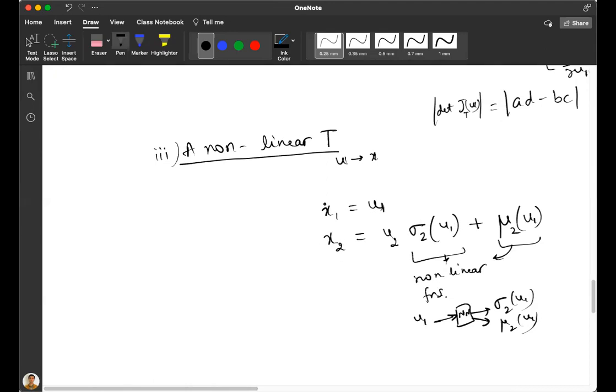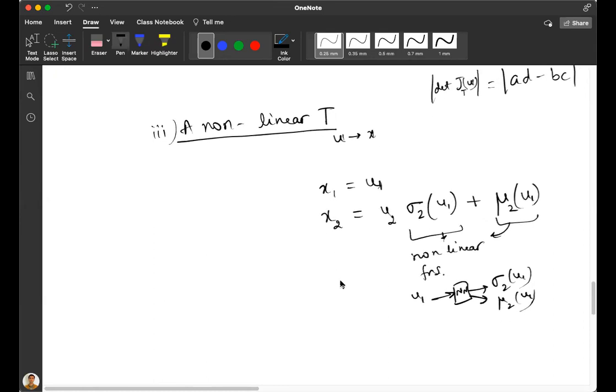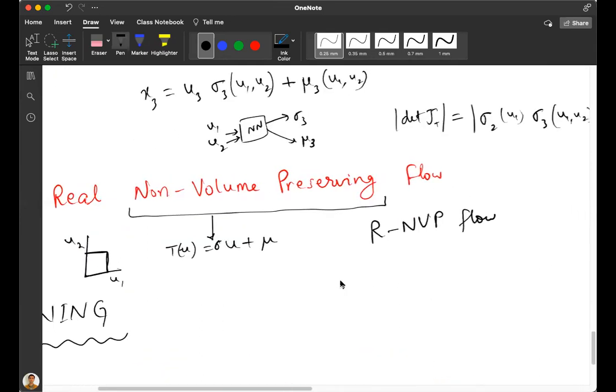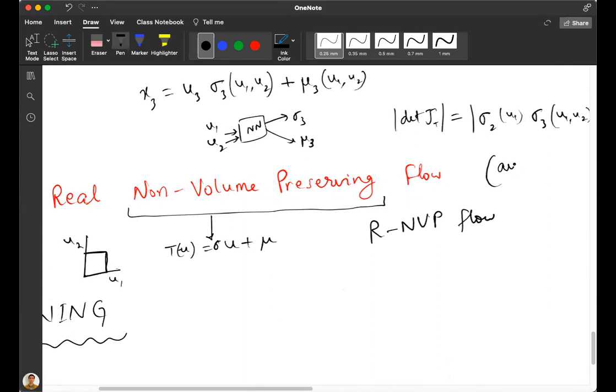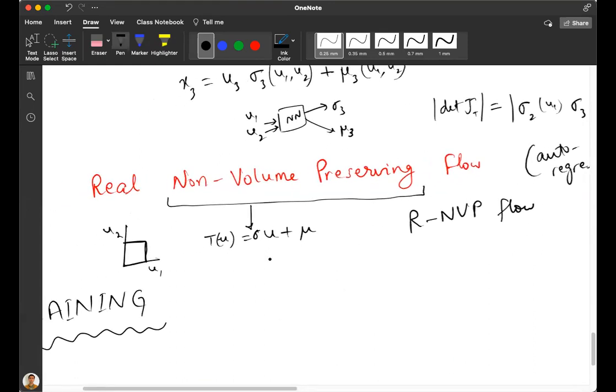And then you use the value of x1 and x2 to estimate the value of x3. So there is a nature of autoregressiveness in this whole thing, right? So they are kind of autoregressive. This is the nature of the flow. Okay, but that is required for the lower triangular property of the Jacobian.